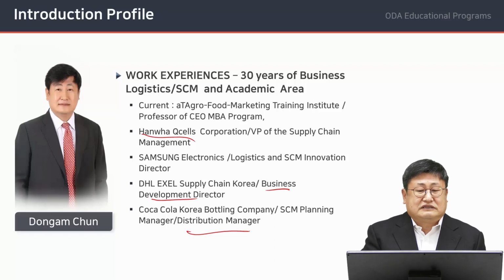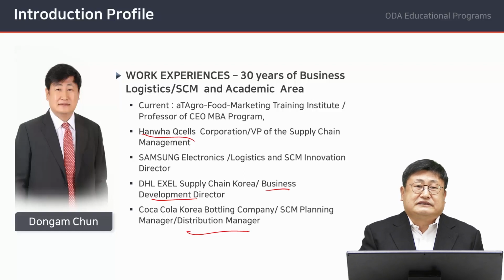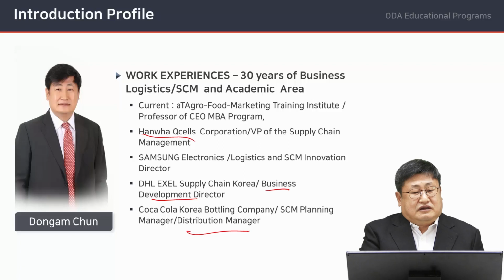I'm just a lucky guy because I worked at the number one ranked company in that industry. I'm really thankful to have both sides, a diverse range of industry as well as some on-hand experience in the working area.